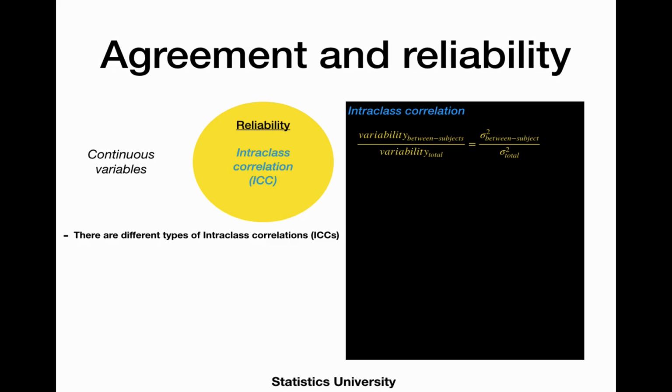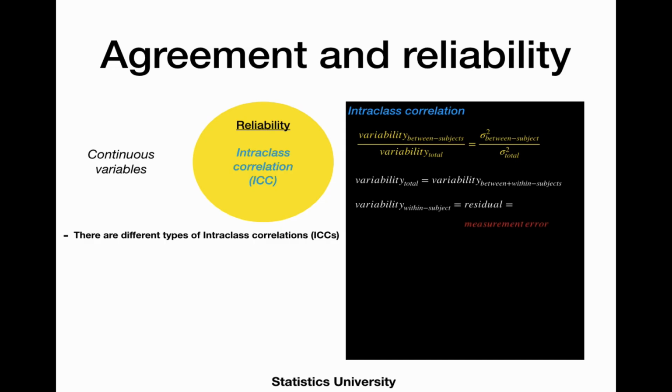The general formula is that of the between-subject variability, which you may interpret as the real variability observed, divided by the total variability, which is the sum of the between-subject variability and the within-subject variability. And the within-subject variability is an error factor.